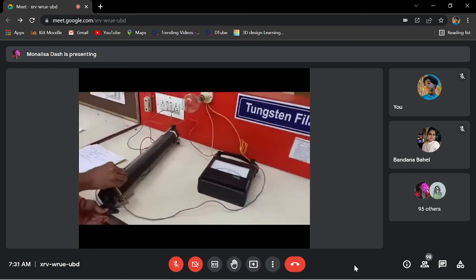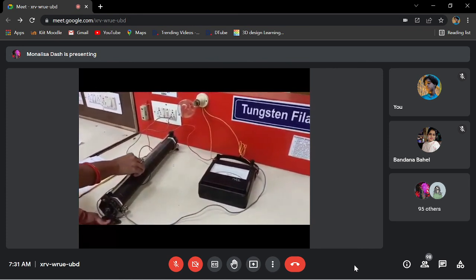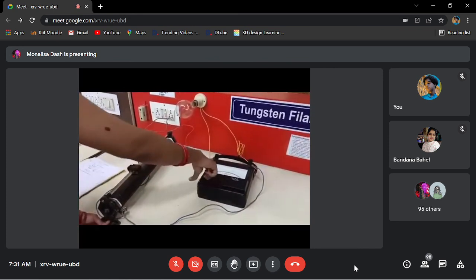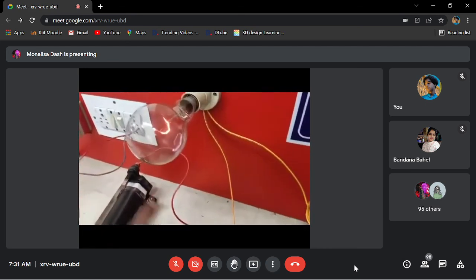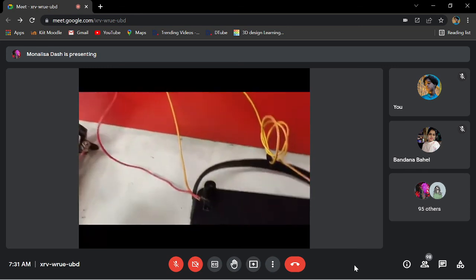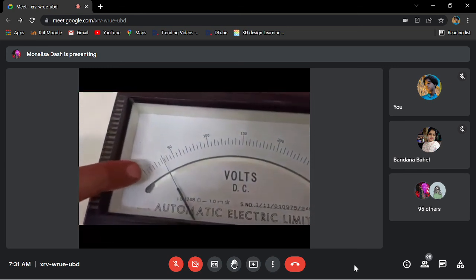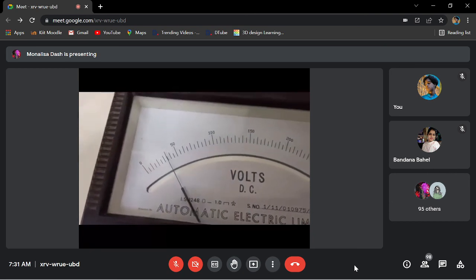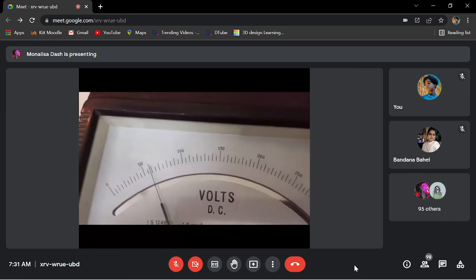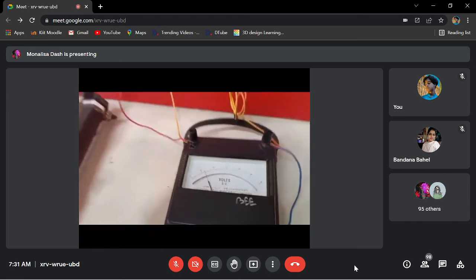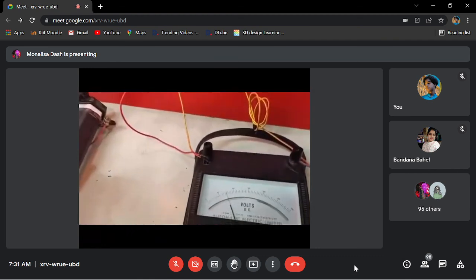Then we will vary it slowly. The voltage slowly increases and the bulb glows. The voltmeter reading also slowly increases, and the bulb goes brighter and brighter.